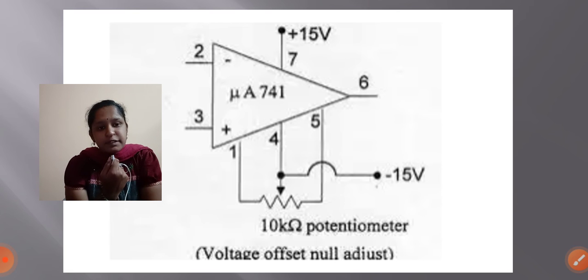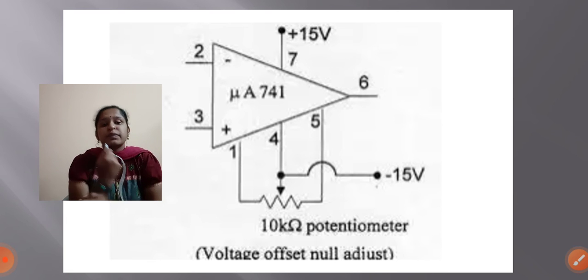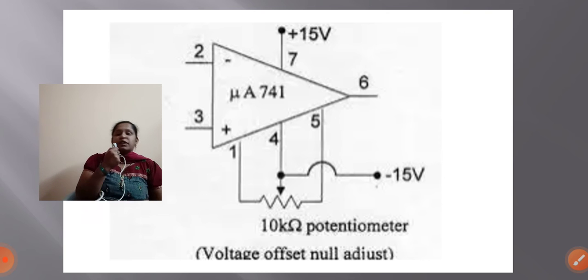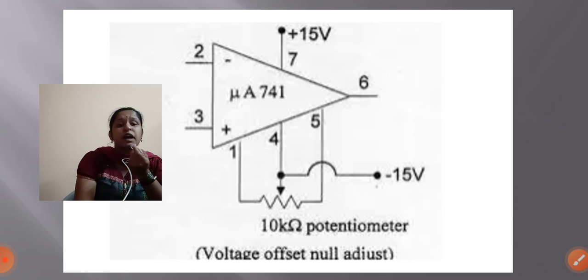First, we are going to adjust the voltages of the operational amplifier IC. I have explained about the pin configuration. Offset voltage means adjusting the voltage; it is called offset null adjustment.